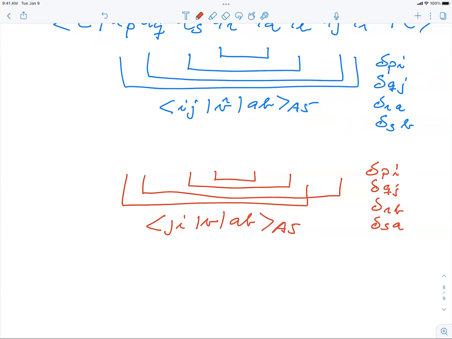But since we're crossing a line here, we have an odd number of interchanges of operators, and that gives me a minus. However, since this is an anti-symmetrized matrix element, this is equal to IJ V AB, anti-symmetrized. So I have two terms.